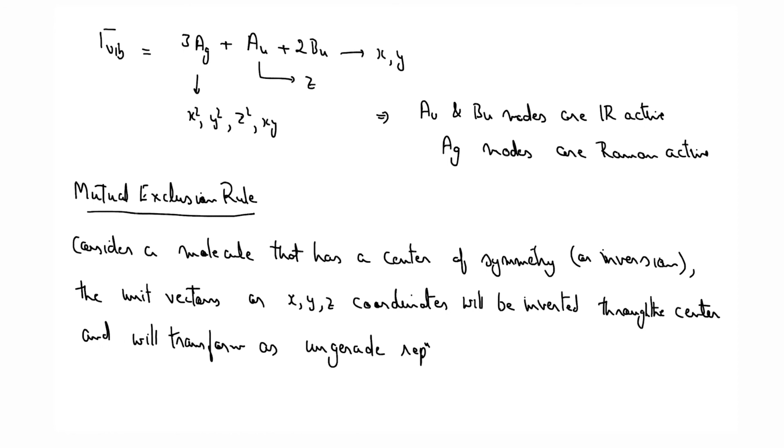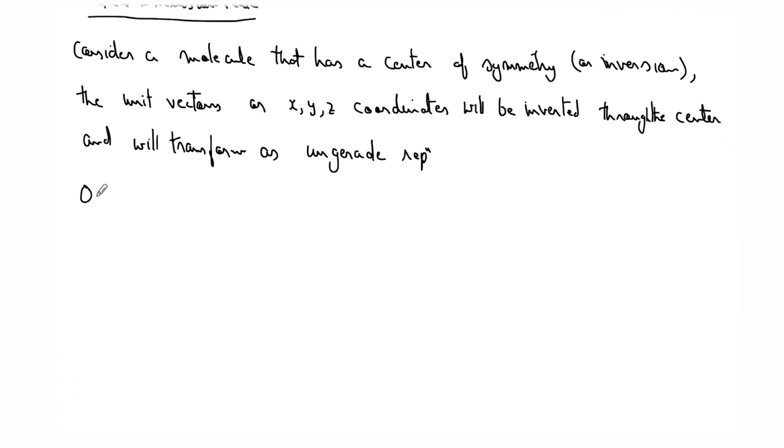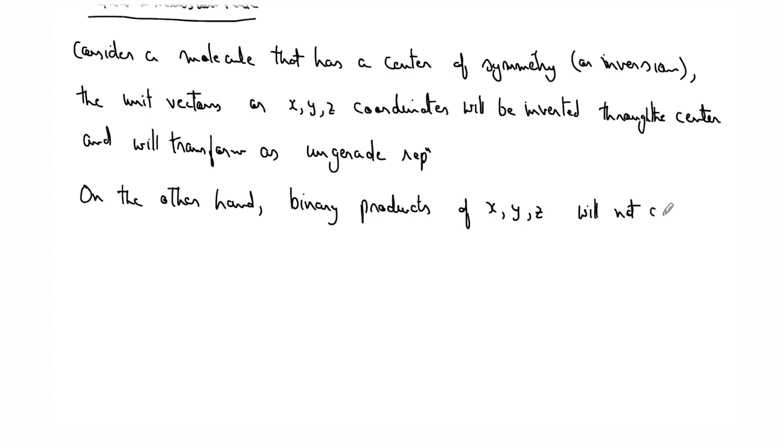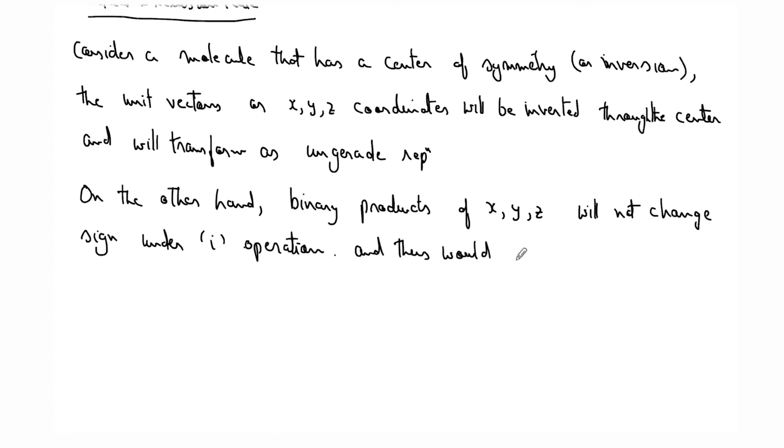Whereas, on the other hand, binary products of x, y, z will not change sign under the i operation, and thus would belong to gerade representation.